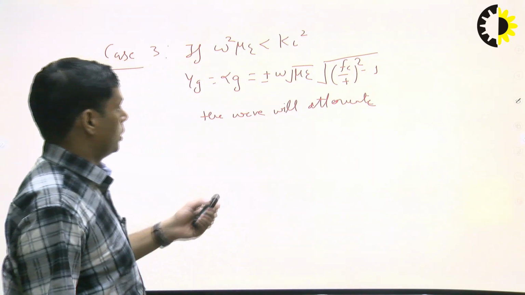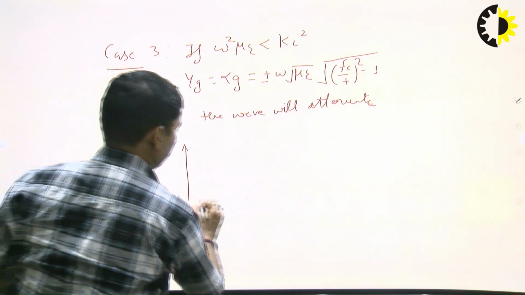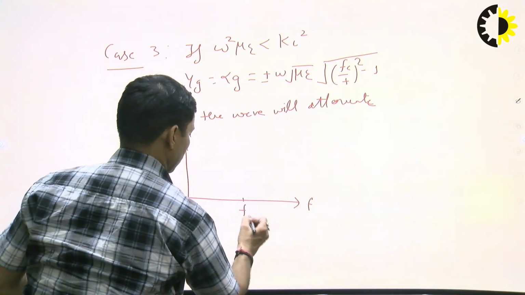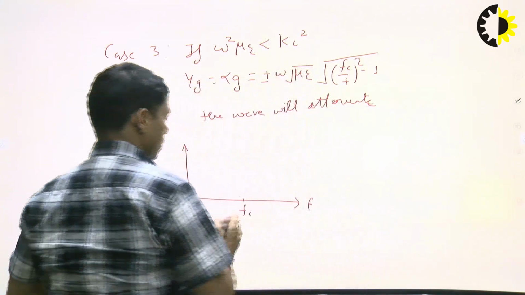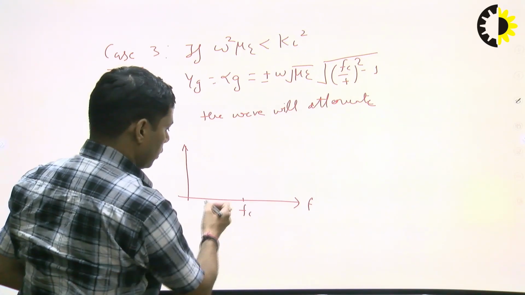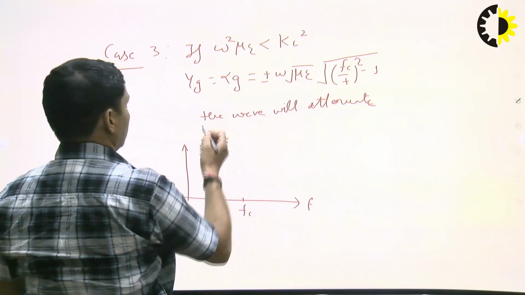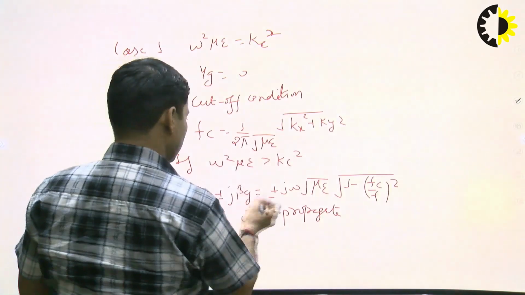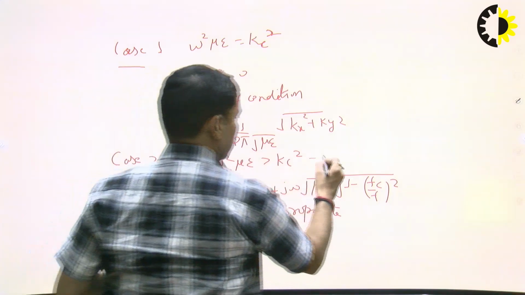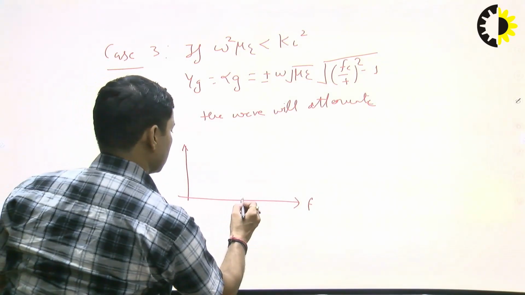So by concluding the three cases in this equation for the frequency, consider the cutoff condition, where the wave neither propagates nor attenuates. If f is greater than fc, the wave will propagate from this point.